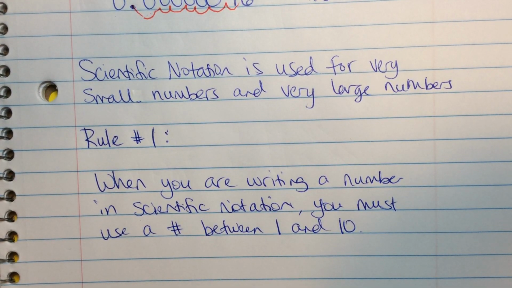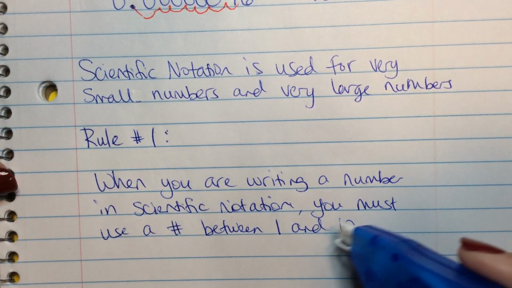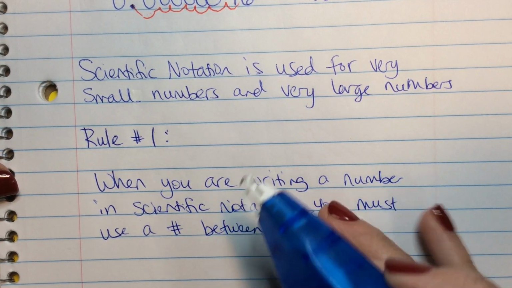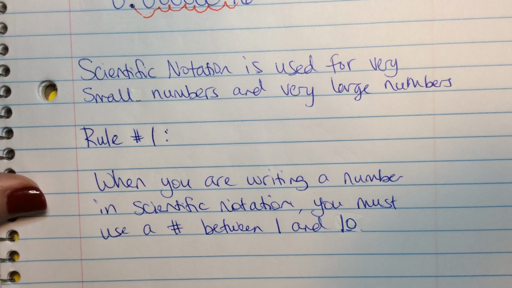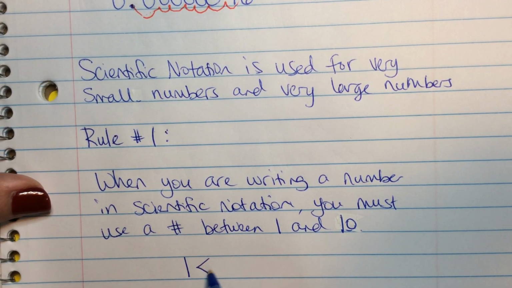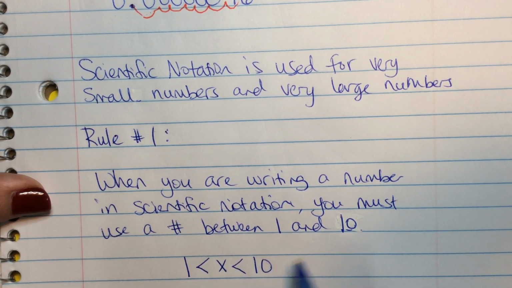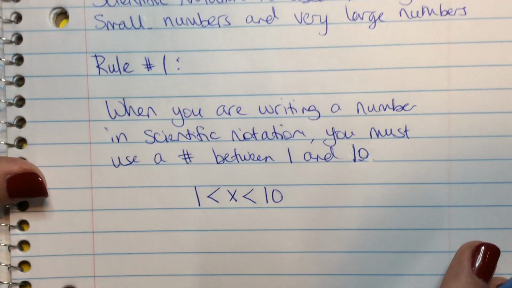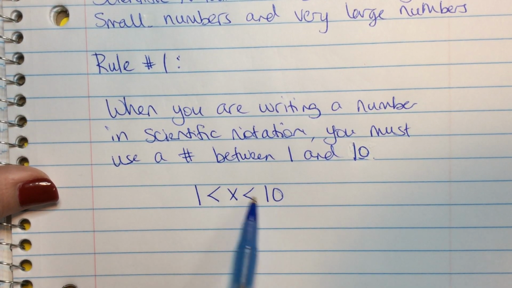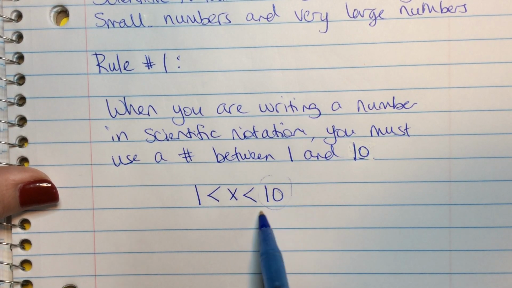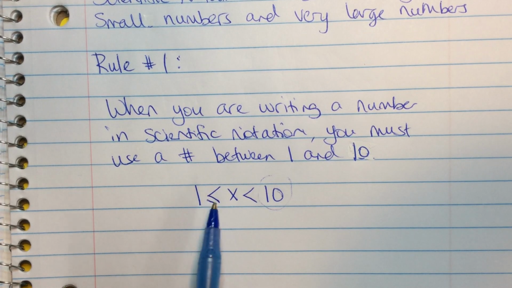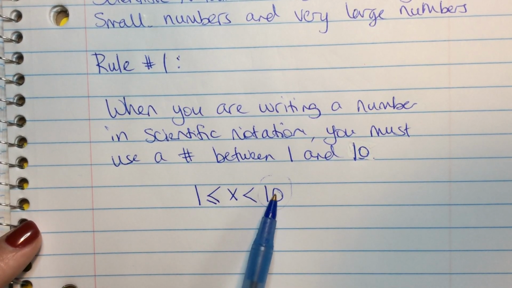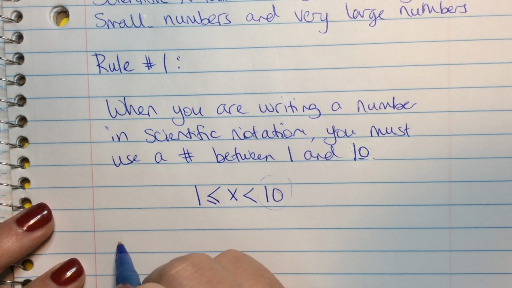Well, actually, I guess between 1 and 9, because 10 would be 2 digits. So let's change that. Say 1 and 9. Yeah. Alright, let's leave it 10. But it has to be greater than 1, but less than 10. It can't be 10, but it could be 1, so we'll put it equal to there. It cannot be exactly 10 because it has to be single digits.